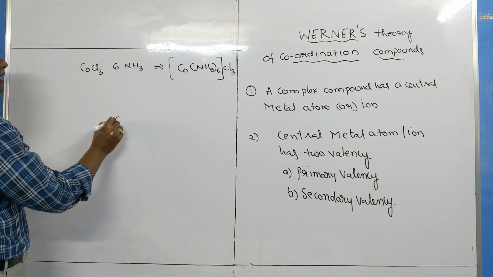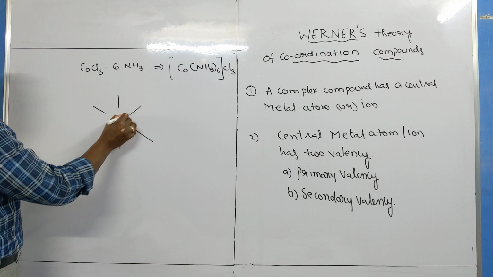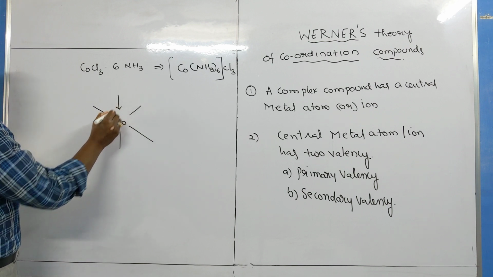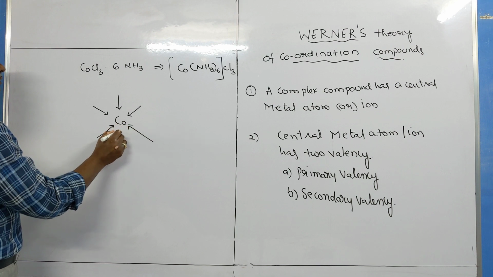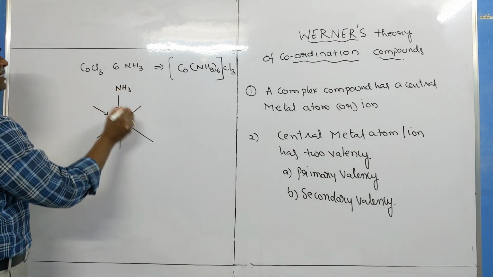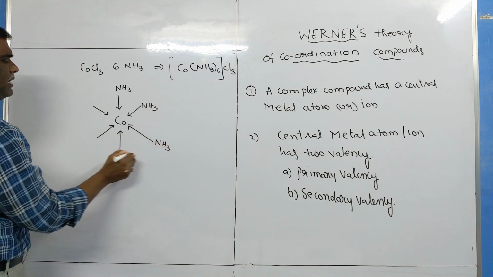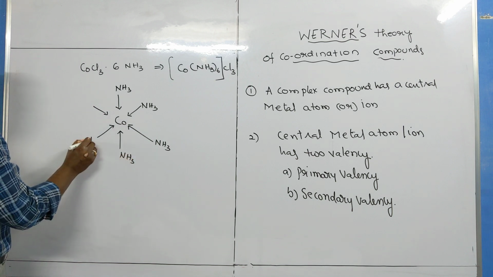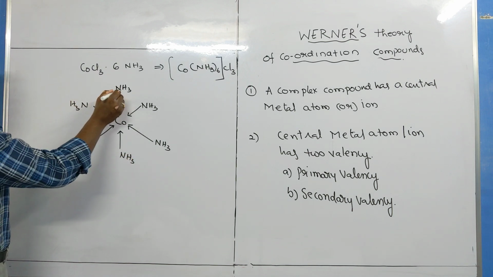Now the geometry is: Co is surrounded by, so it is coordinated by, 6 NH3 molecules by dative bonds.